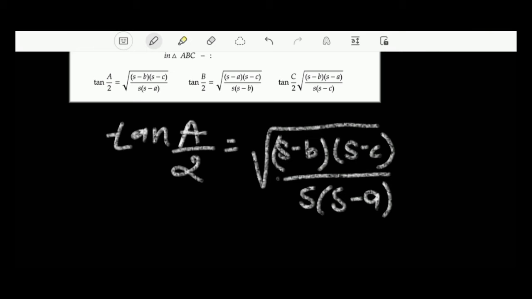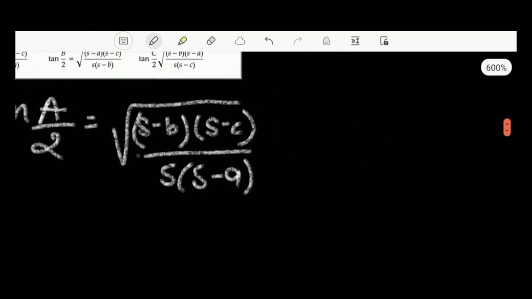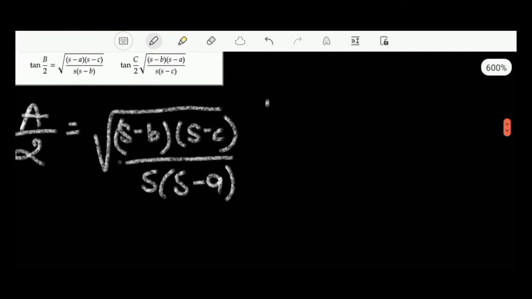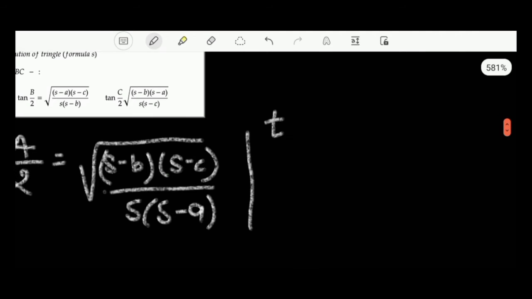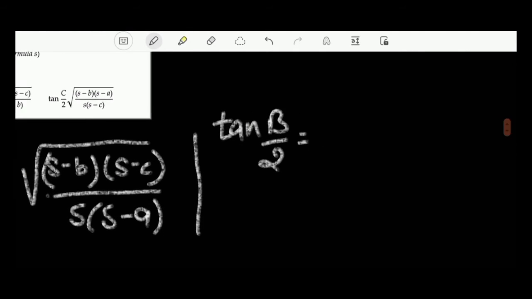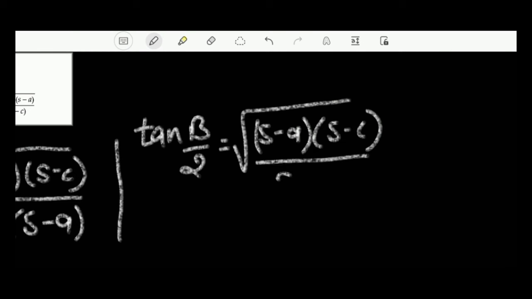Similarly, we have two more formulas in term of b and c, which is tan of b by 2 is square root of s minus a multiplied by s minus c upon s into s minus b.